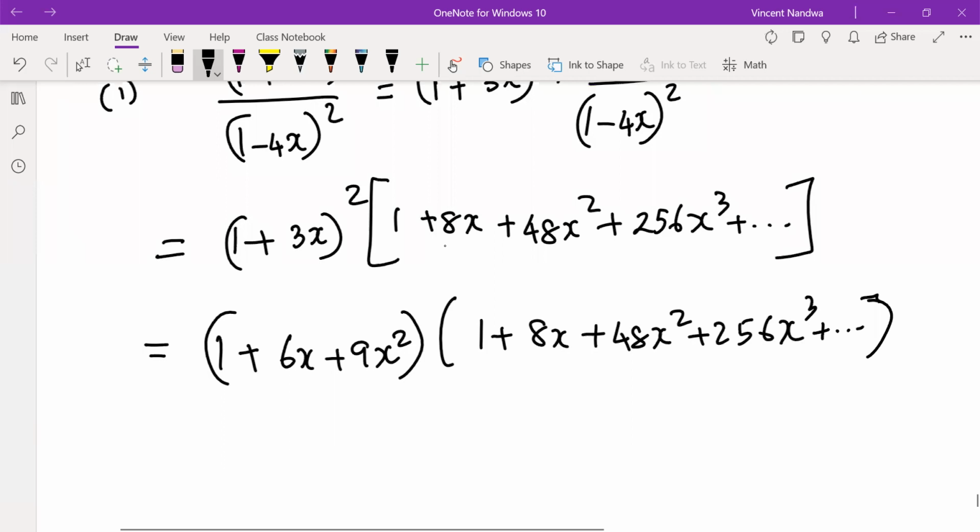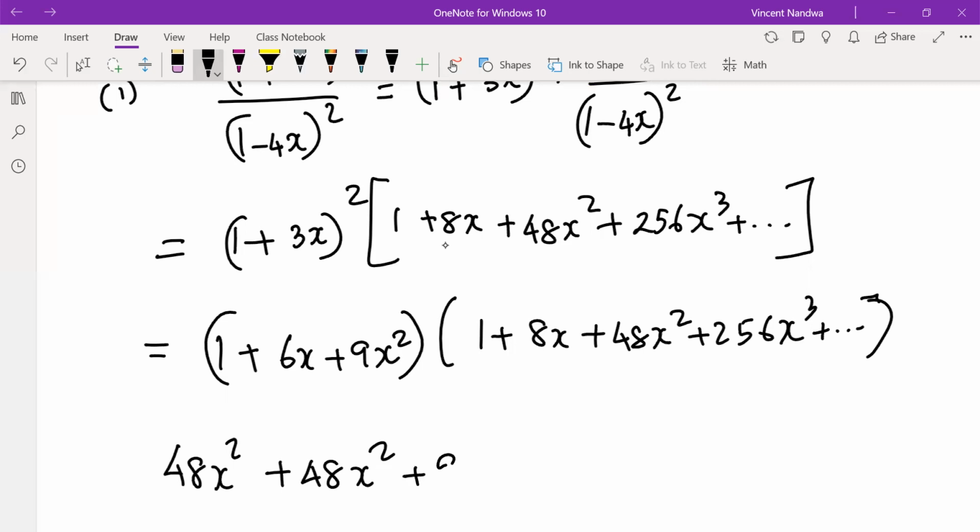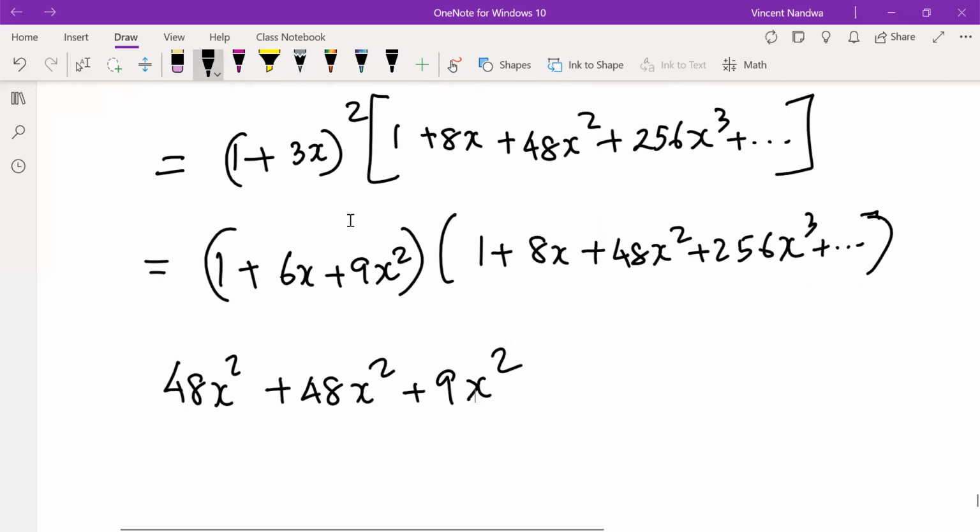Now we are interested in getting the coefficient of x squared. So we'll have 1 times 48x squared. So that will give us an x squared term. Then 6x should be multiplied by 8x so that we get an x squared. And then 9x squared should be multiplied by 1 to give us an x squared. So these will be the only terms we have which have x squared in this expansion.